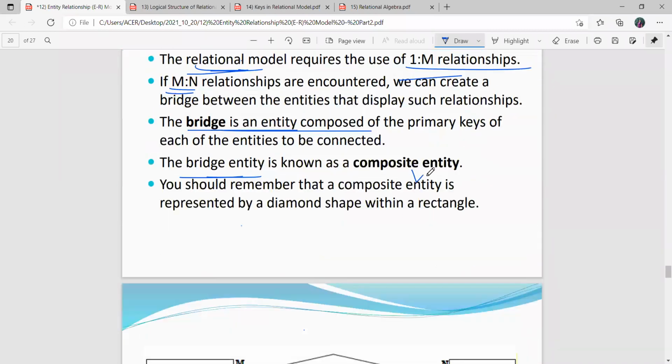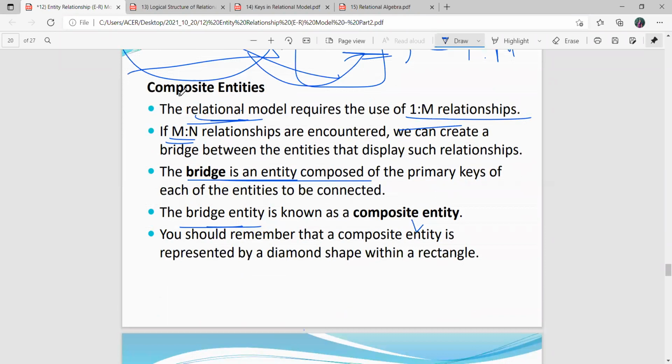Again, about the composite entity. In the ER diagram, we can only denote one-to-many relationships. You can see there are so many M-to-N, that means many-to-many relationships in the world. So if you need to plot this M-to-N relationship in the ER diagram, we need to convert this many-to-many relationship into one-to-many relationships.